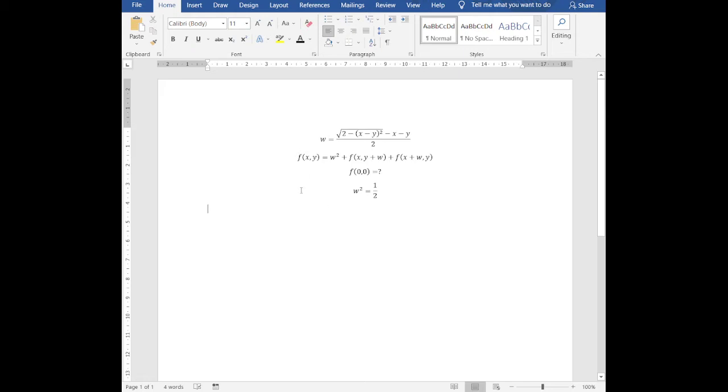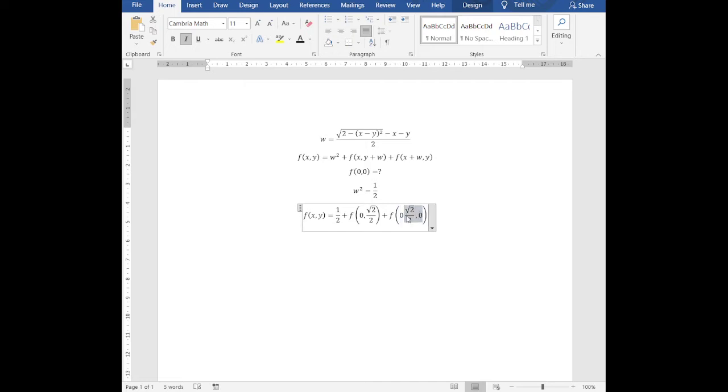And then, okay, so we know that, so we can take a look at this and say, okay, substitute this in there. We've got w is square root 2 over 2. Substitute that there, substitute a half here, and we know x and y are 0 and 0.